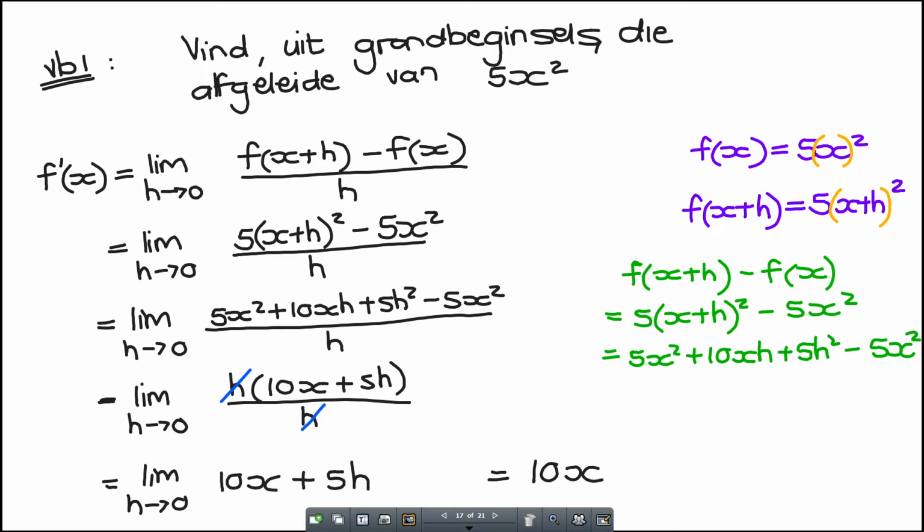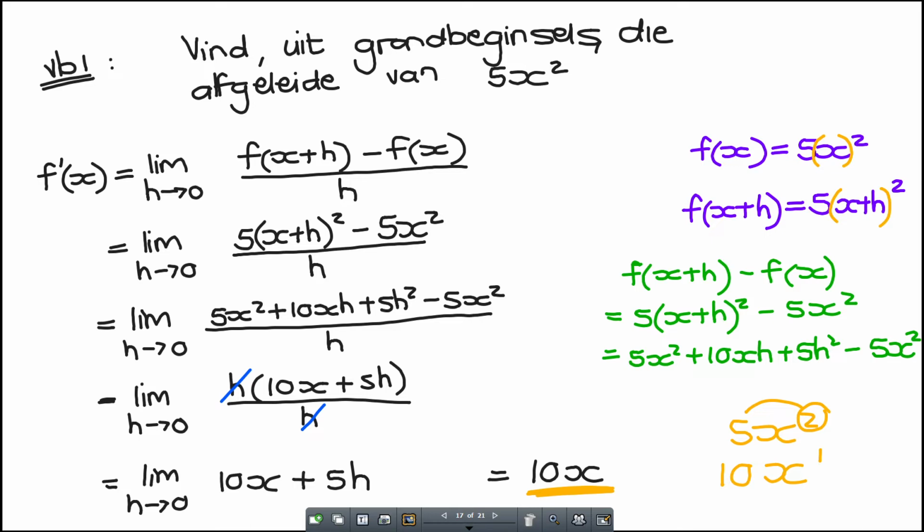Let's kyk gou hier so. That if I get derivative of 5x squared, 2 maal 5 geef my 10x tot die mag 1. Nee? Want jy het al so lekker kort pad. So, what we've been practicing today, this morning, is exactly this.